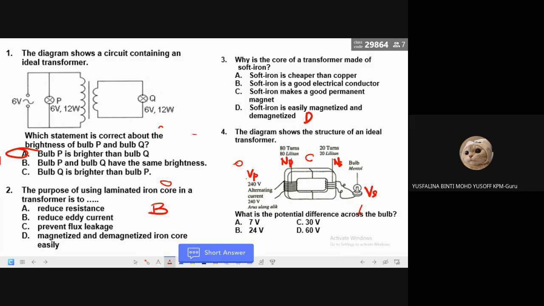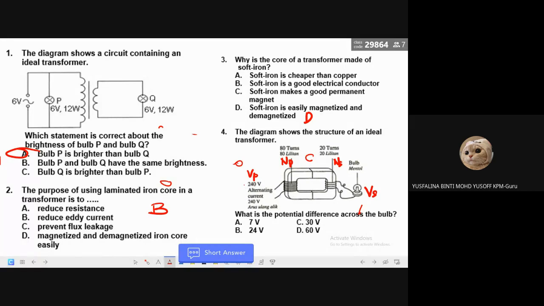As I told you 2 days ago, if you don't know which one is primary or secondary, see which part has the AC current. AC current means they supply the electric current.